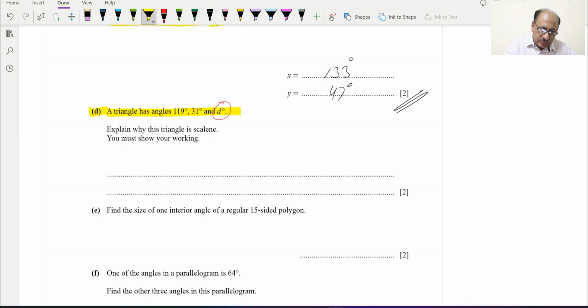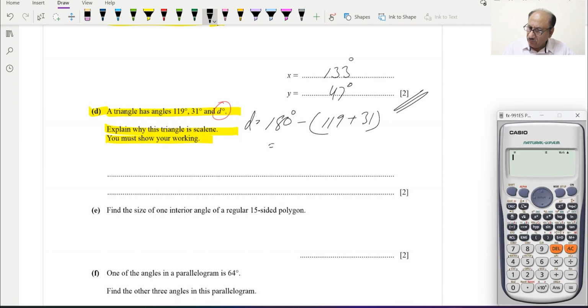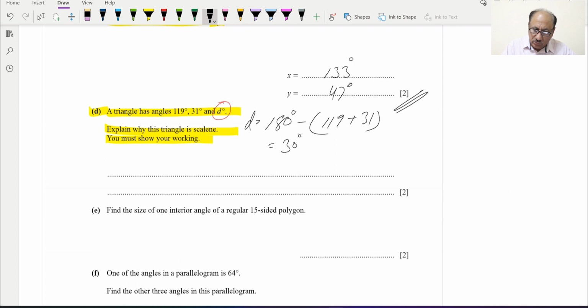Then, same question, D part says a triangle has angles 119, 31 and D. Find the D angle, explain why this triangle is scalene, and you must show all your working. We know the interior angles of a triangle add up to 180 degrees. So the D angle is 180 minus in brackets 119 plus 31, and this results in 30 degrees. So this angle is 30 degrees.